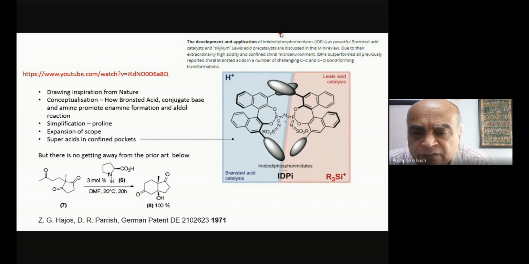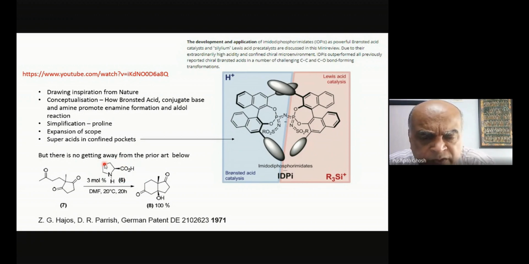It's important that we understand that. And we need to keep this in mind also, that in a way, Benjamin List really rediscovered work which was published in a patent where they used this compound proline.